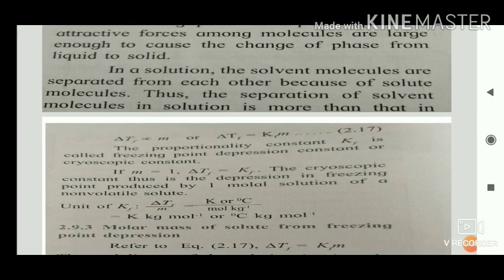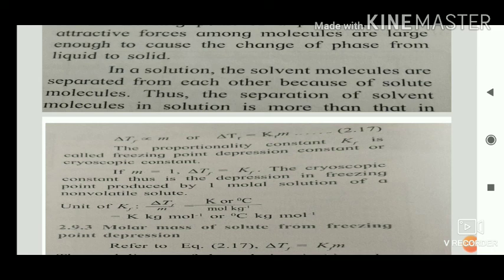Thus, delta TF is directly proportional to m, or delta TF is equal to Kf into m. The proportionality constant Kf is called the freezing point depression constant or cryoscopic constant.